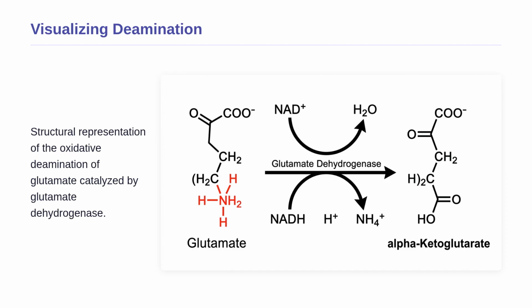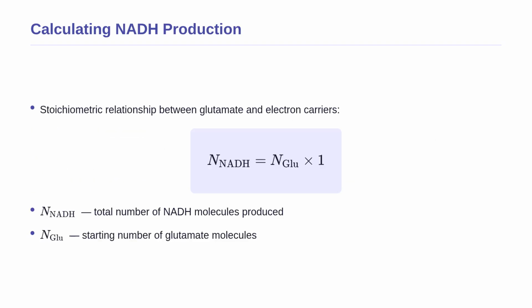Now that we have seen the chemical structure, let us quantify the energy this process generates. This simple formula comes directly from the stoichiometry of our chemical equation. It tells us how many electron carriers are produced based on the amount of starting material.